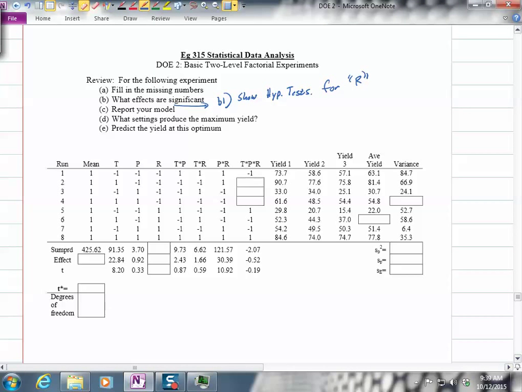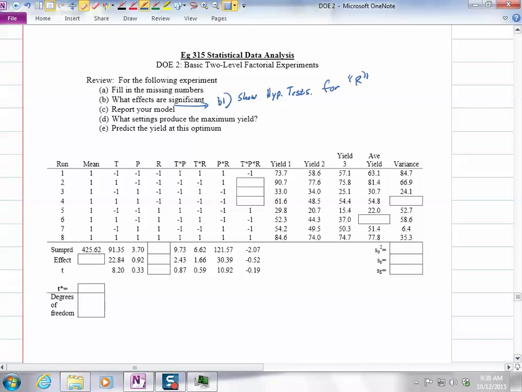Another part of the problem that we'll add just for fun is for the residence time, when you're determining the main effects, write down that formal hypothesis testing. So to tie it back in, this is exactly what we're doing when we're looking at our spreadsheet. We can't forget that part of it.